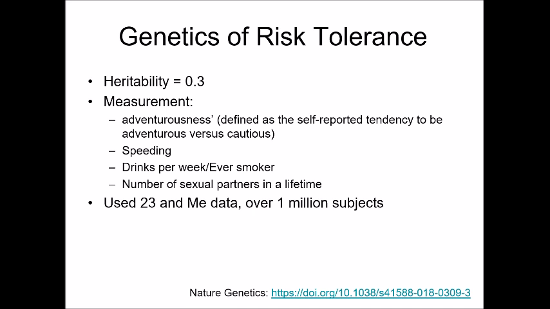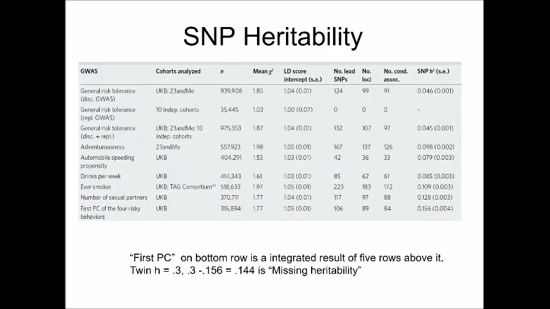We know from twin studies, risk tolerance heritability is about 0.3. And what they find is that the SNP heritability is about 0.156. You can see where this is here, right there, they are added all up on the bottom row.